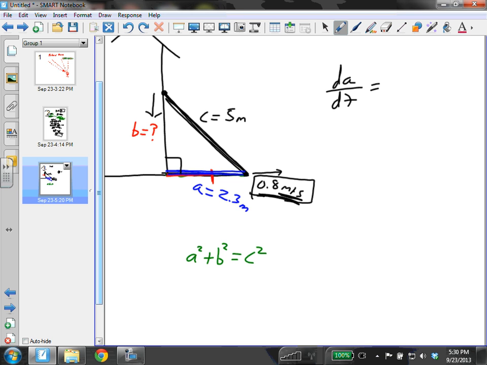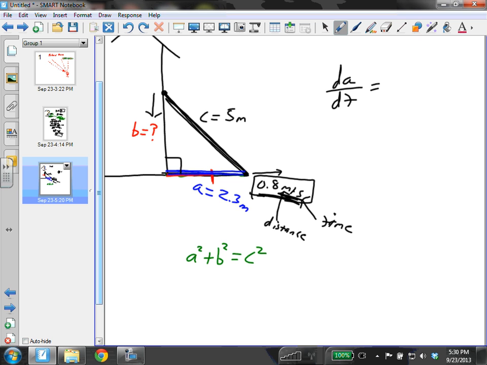In the unit meters per second, you have a change in distance, that's the meters, with respect to a change in time, that's seconds. So when you see something that has a rate of change like meters per second, degrees per minute, miles per hour, when you're working related rate problems, you see those different rates that have a unit of measurement and a unit of time.